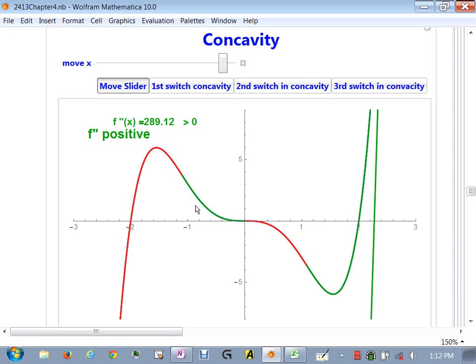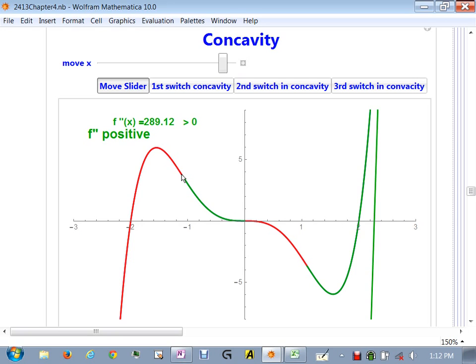And then over here, concave down, and then here to here, concave up. So concave down is like a frown, right? Sad face. Concave up is like a smile. Frown, smile. Yes? That's it.